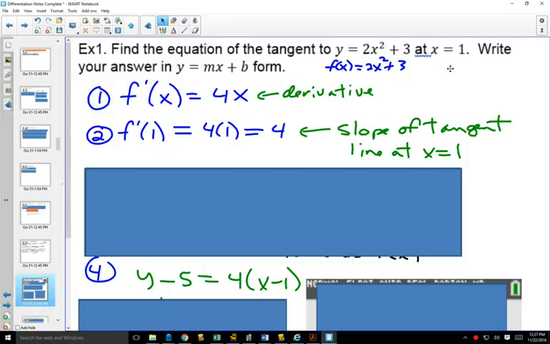Draw a little picture of it off to the side. 2x squared plus 3, does it make sense that that is a parabola like that? At x equals 1, we've got this point here, and this is our tangent. And we already know that the slope of that line is going to be 4. How do I find out what that point is? I know it's going to be 1 comma something. How do I find that something?